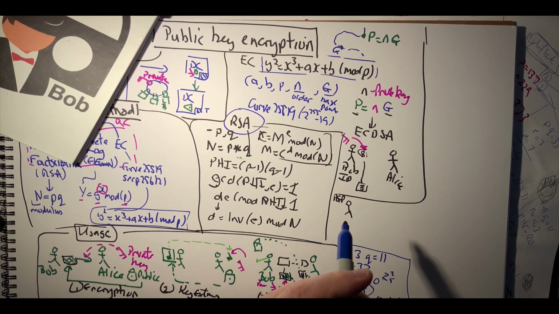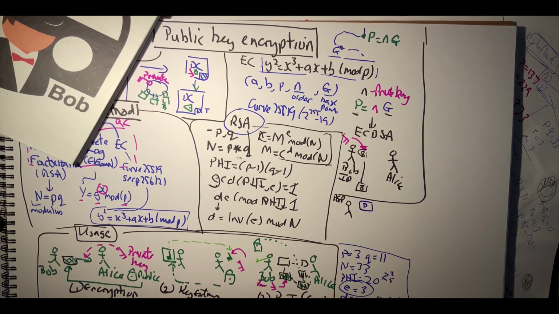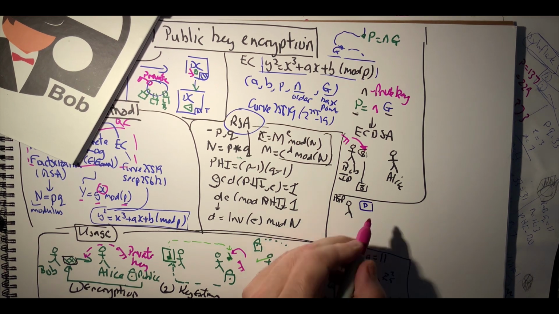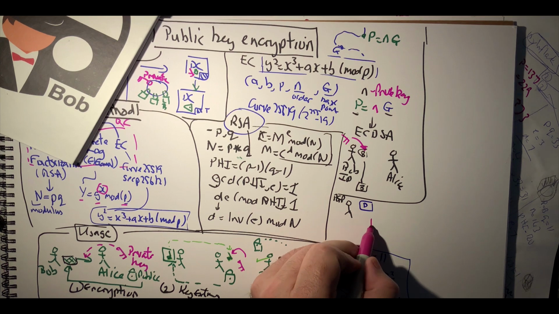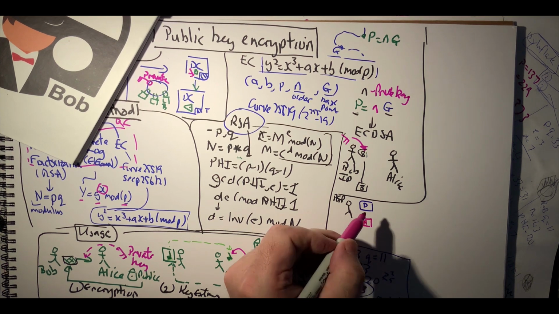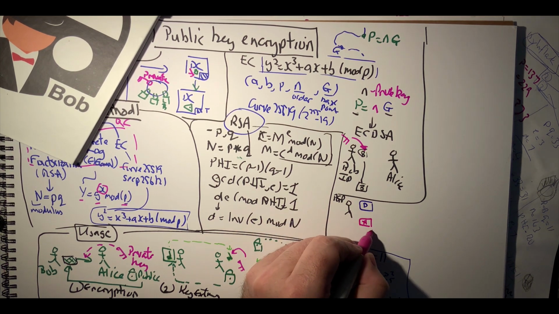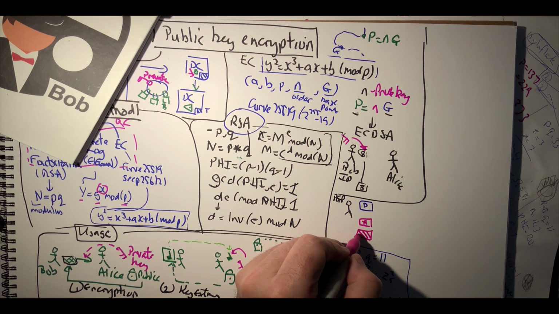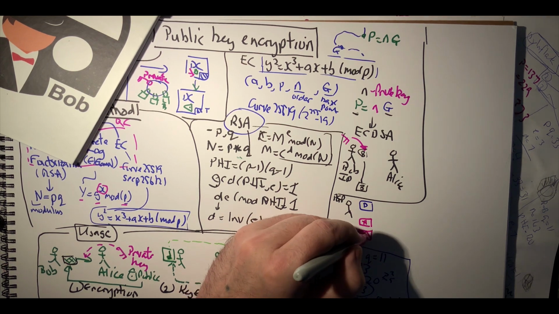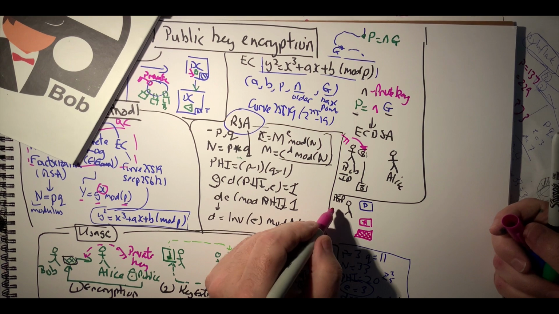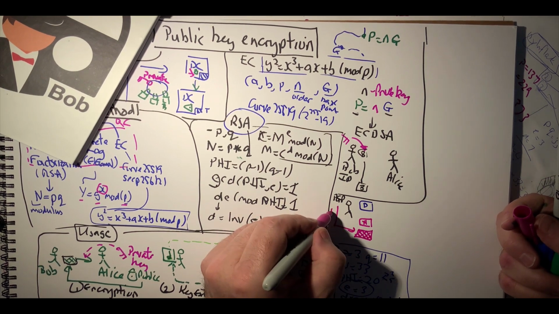So initially we'll have some data, and then Bob takes a hash of that data, and then we'll create an encrypted version of the hash using his private key.